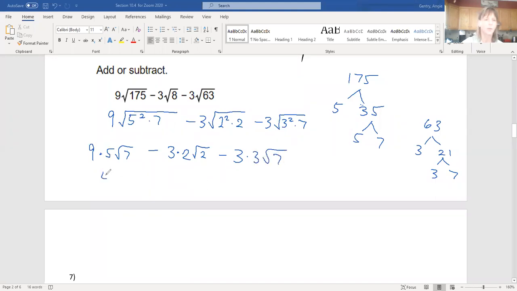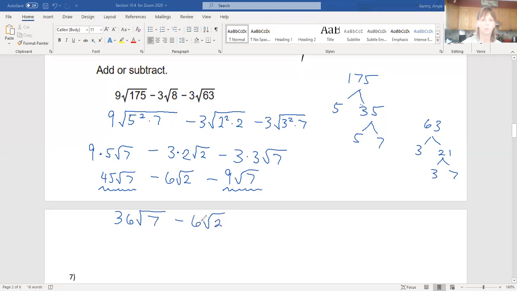Now you have 9 times 5, 45, 6, 9, and then you say, well, which ones are like terms? You have $45 minus $9 is $36 minus 6 tomatoes, and then they don't combine.